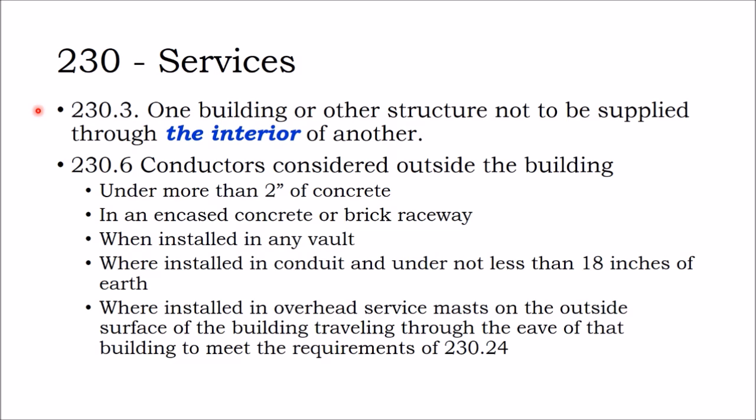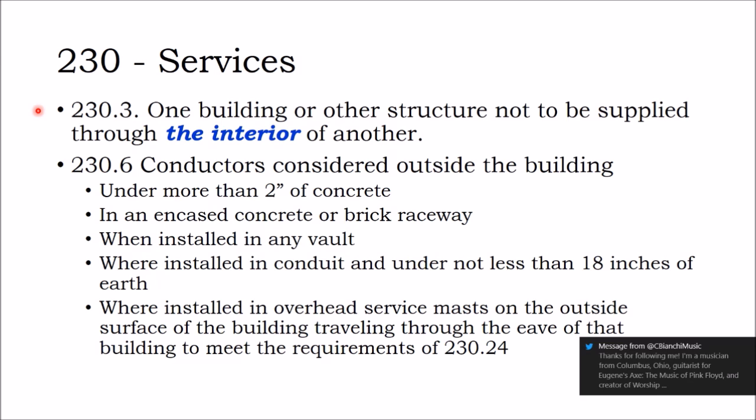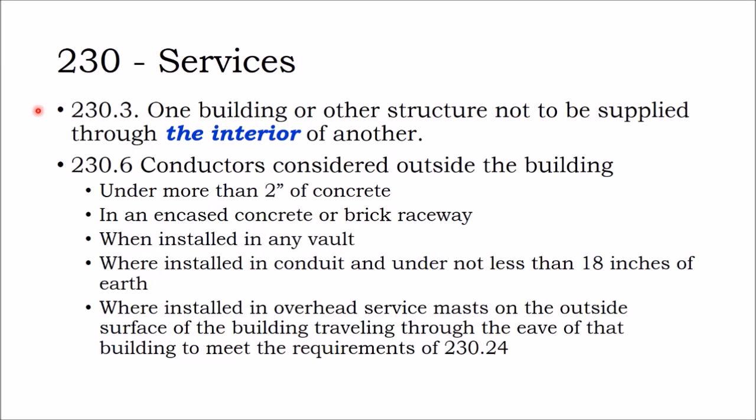Conductors that are considered outside the building are underground, under more than 2 inches of concrete, encased in concrete or brick. Concrete, again, having a very high resistance. When installed in any vault, like an open void of concrete, or installed in conduit and not under less than 18 inches of earth, as opposed to direct buried into concrete, or installed in overhead service masts on the outside surface of the building, traveling through an eave of that building that meets certain requirements.